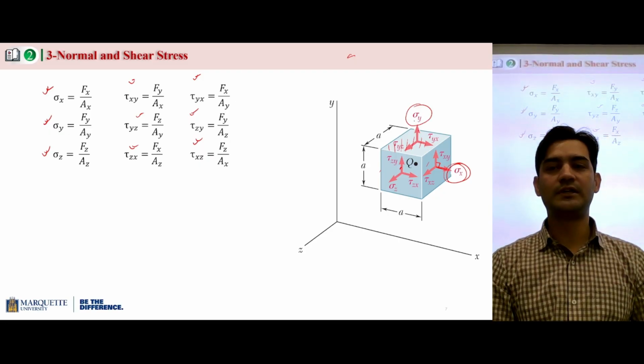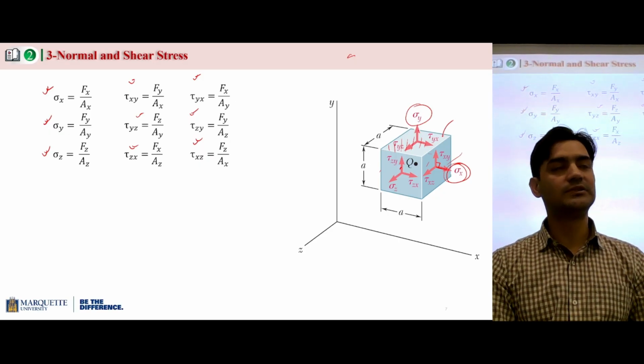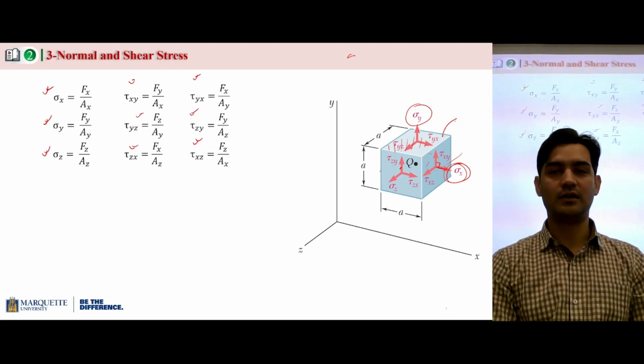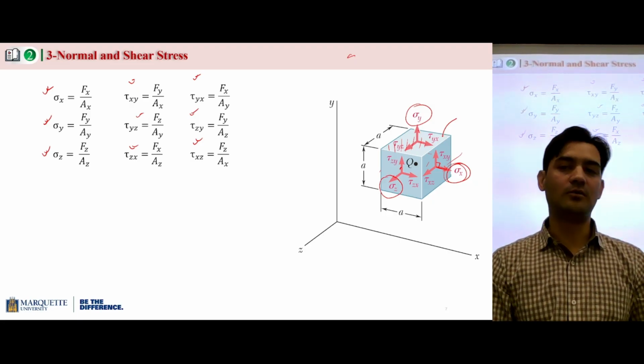Similarly, this force is also a normal force because it is acting perpendicular to this area. So this is also a normal stress. And this stress Z is also a normal stress.